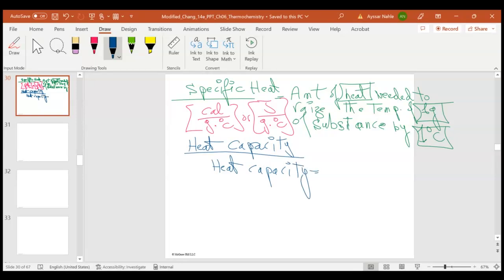Capacity means how much we can take. Heat capacity, it depends on what. If I have a big guy and I have a small kid standing outside under the sun, whose temperature is going to rise faster, do you think? Who will absorb more energy?